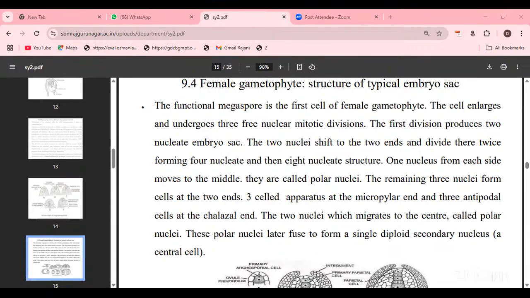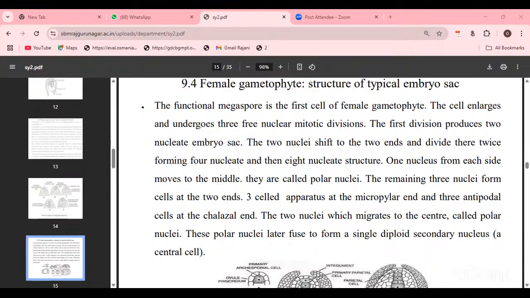The functional megaspore, the first cell of the female gametophyte, enlarges and undergoes three free nuclear mitotic divisions. The first division produces a two-nucleate embryo sac. The two nuclei shift to the two ends and divide twice, forming a four-nucleate and then an eight-nucleate structure.